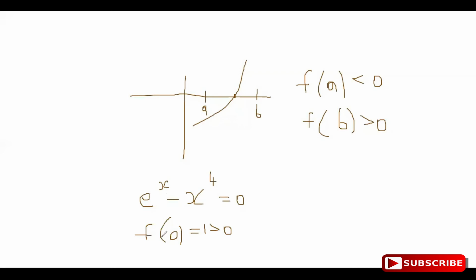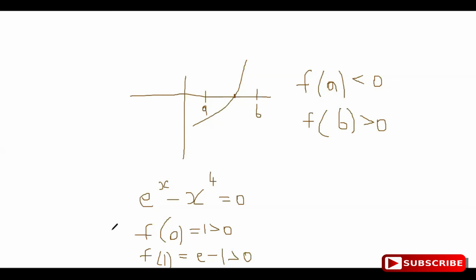Then we'll plug in 1, and we get f of 1 is equal to e to the 1 minus 1. That's also greater than 0. E to the 1 minus 1 is just e minus 1, which is also greater than 0 because e is 2.7. And so therefore no root lies on that.